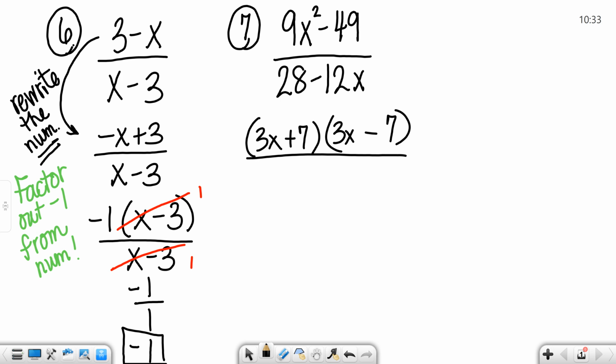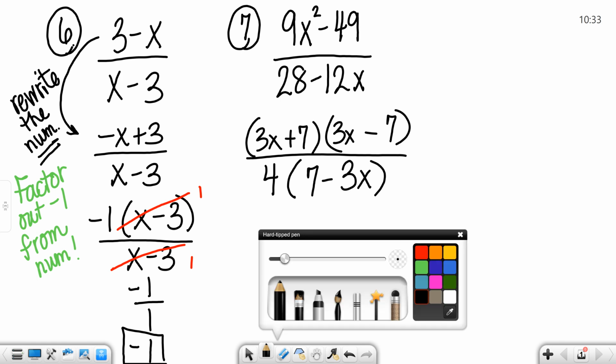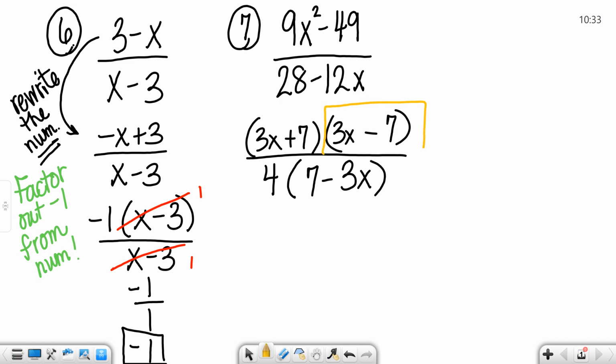My denominator, they have a 4 in common, so I factor out a 4. Now when I look at these two factors, the one in the numerator and the one in the denominator, they're really, really close, but they're backwards from each other. So this is where I have to factor out a negative 1.